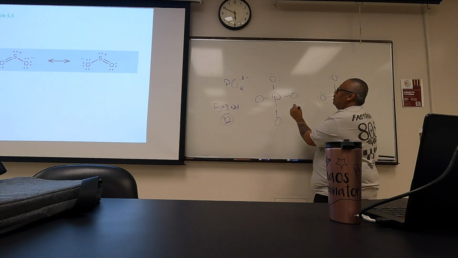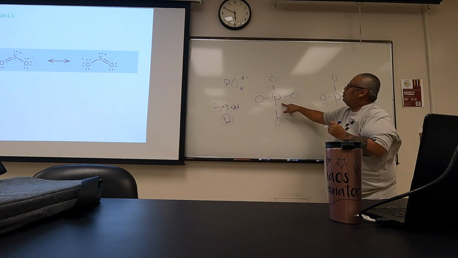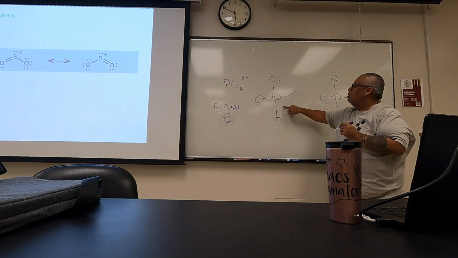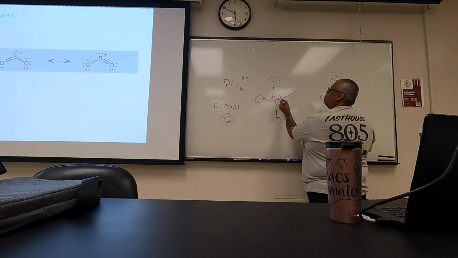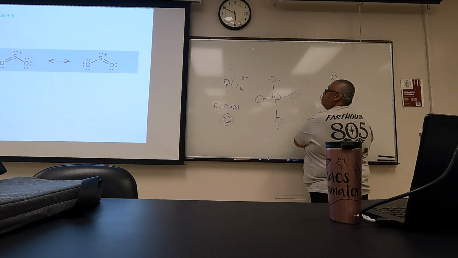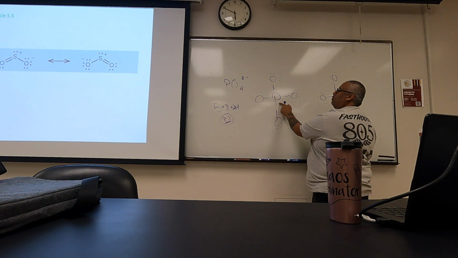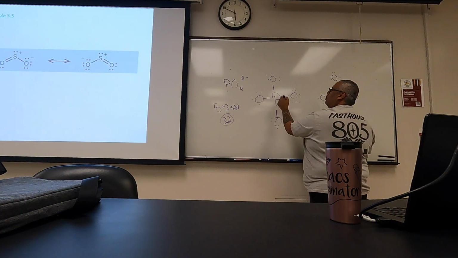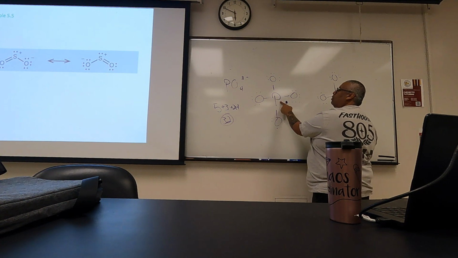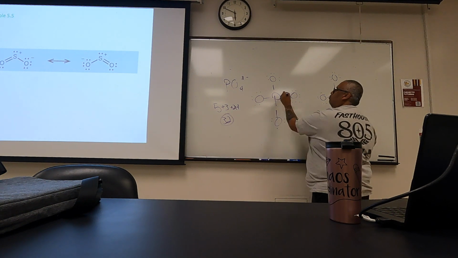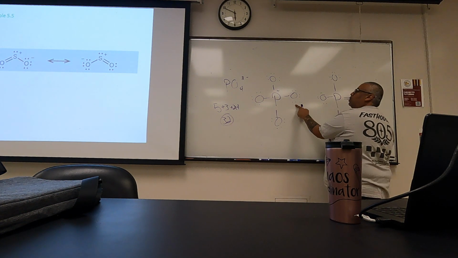So here, what is the formal charge on phosphorus? Group number 5. So this is in group 5, so what's the formal charge? Positive 1. And what's the formal charge on oxygen?